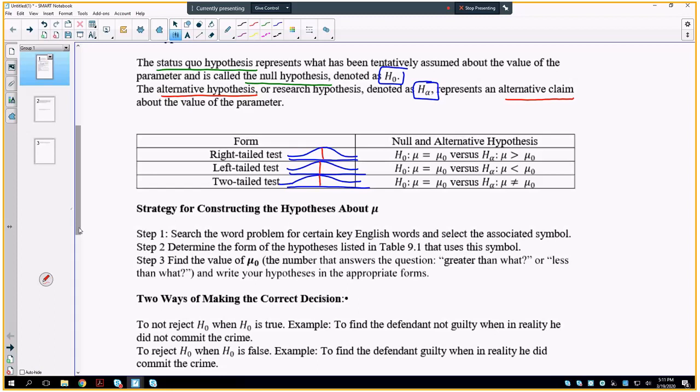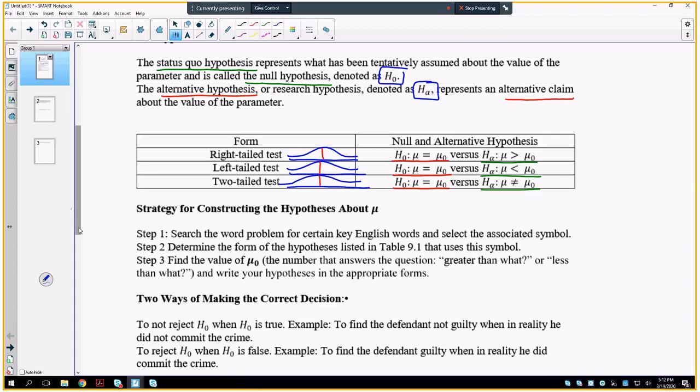You'll notice that in each situation, the null hypothesis is the same. The null hypothesis is simply what it is. And the alternative hypothesis can be greater than what we thought, or less than what we thought, or just not equal to what we thought.